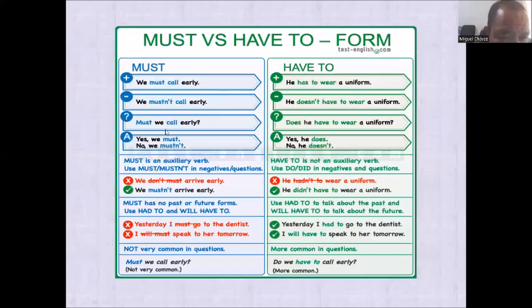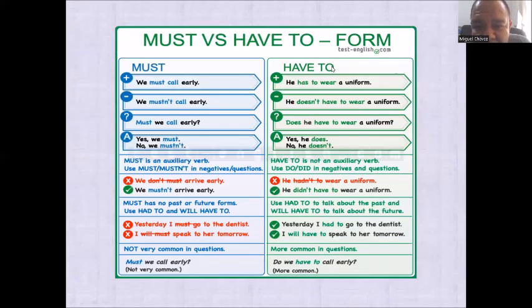And must is not very common. Use it in questions. For example, we cannot ask, must we call early? This is not common in English. Then, as I told you, have to is not an auxiliary verb properly, but it has a similar use with must.